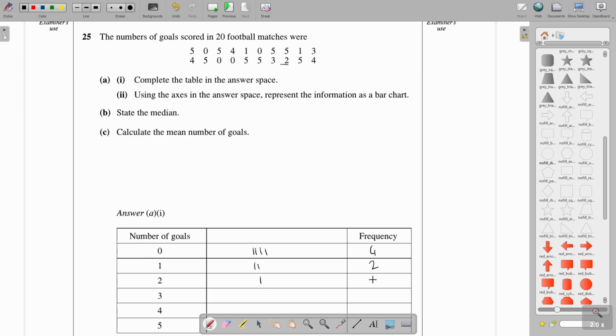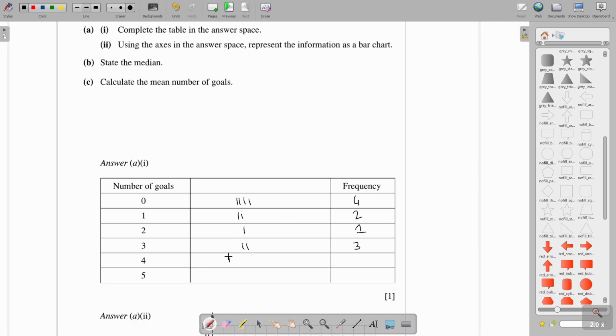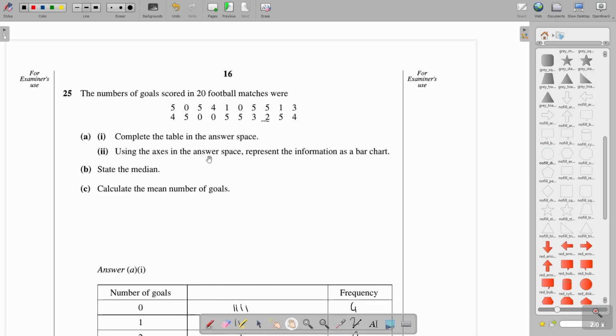2 appears once. 3 appears, there's a 3, and there's another 3, so that's 2. And then 4 appears 1, 2, 3. 4 appears 3 times, so that's a 3. Wait, does 4 appear 3 times?